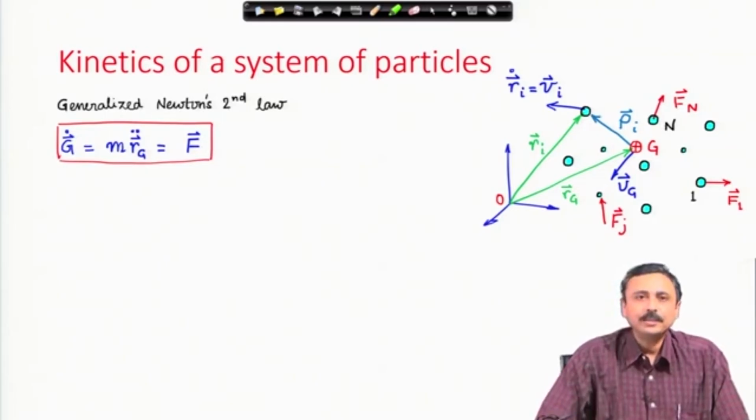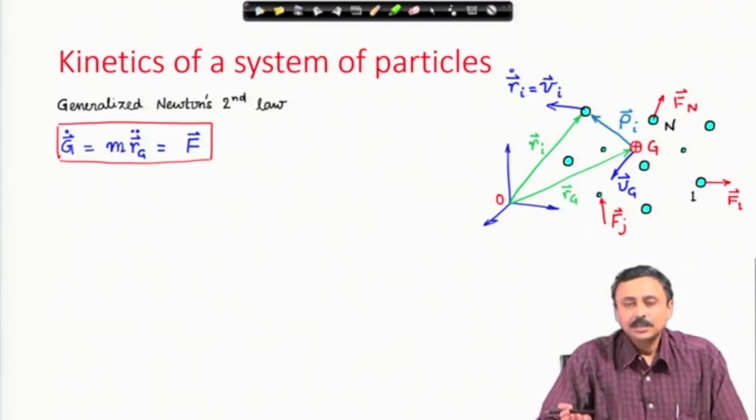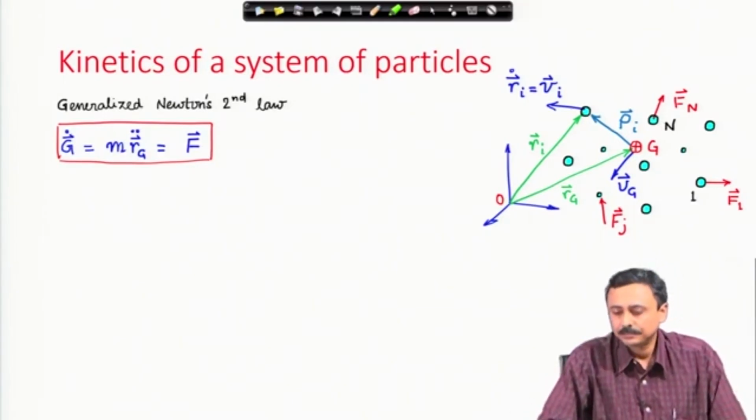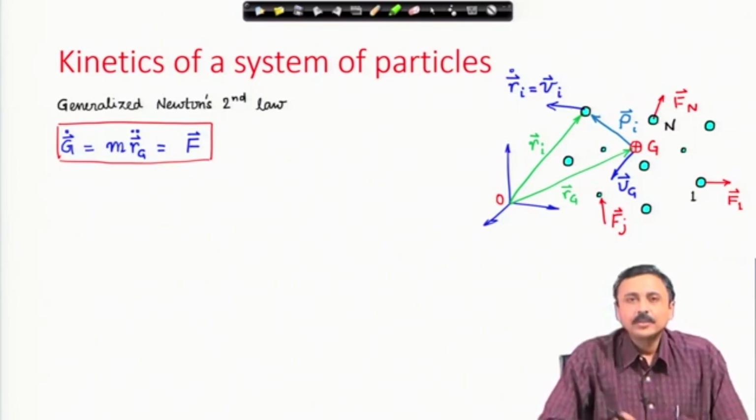Though nothing in the real world is a point particle, we do study point particles because ultimately, for a system of particles, it is the kinetics of the center of mass, which is a hypothetical point calculated from the mass distribution of this system of particles. The center of mass motion is governed by this generalized Newton's second law, which I have written here.